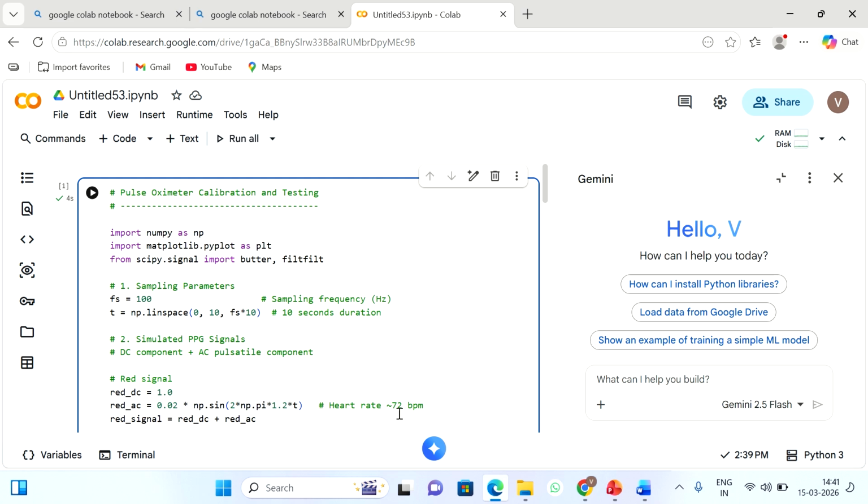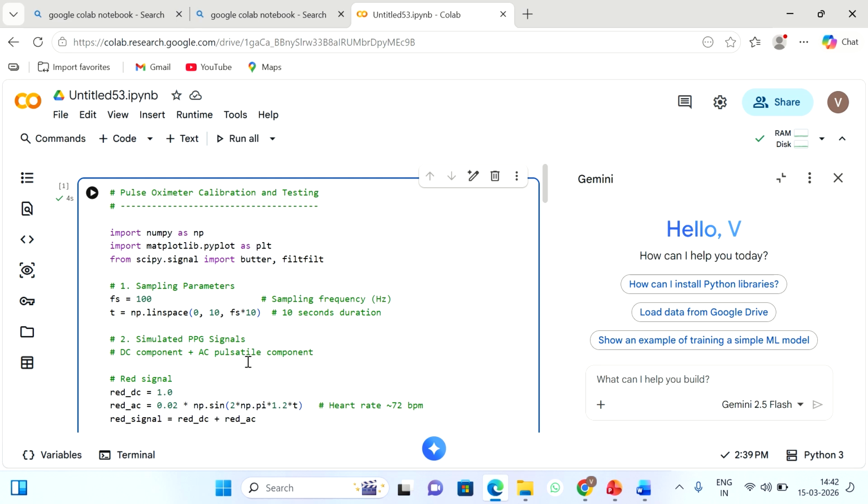That is heart rate is equal to 72 beats per minute. Red signal is equal to red_DC plus red_AC. So the total red signal is the combination of AC component and DC component. So red_DC is equal to 1.0. It indicates the baseline.